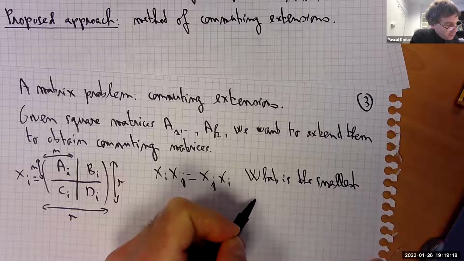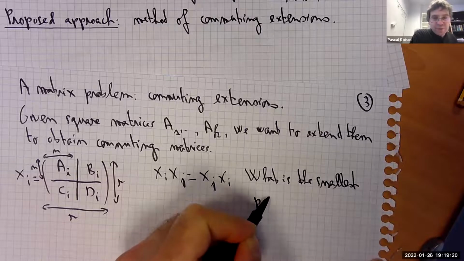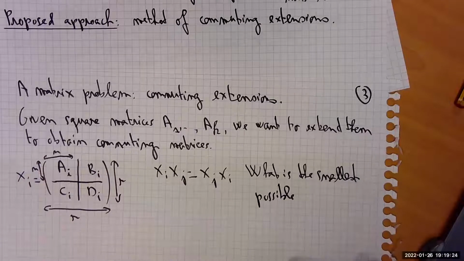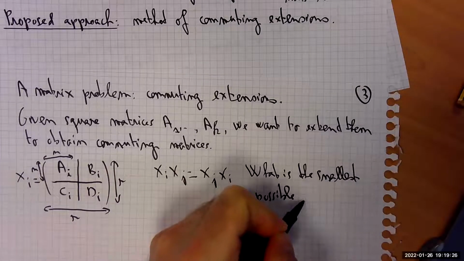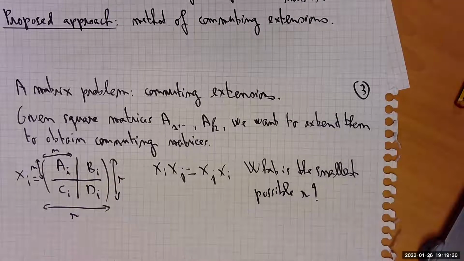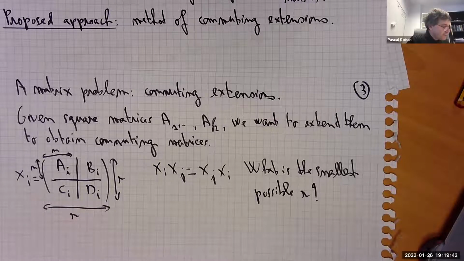It's not completely obvious, by the way, that there is always a solution. Sorry, Pascal. Hi, this is Arkadev. Yes, salut, bonjour. Just a question. So your R, it's not 2n, right? I'm a bit confused. The A_i, B_i, the B_i is also n.